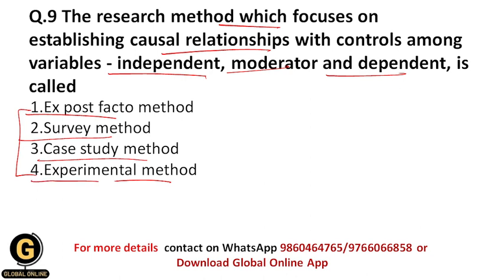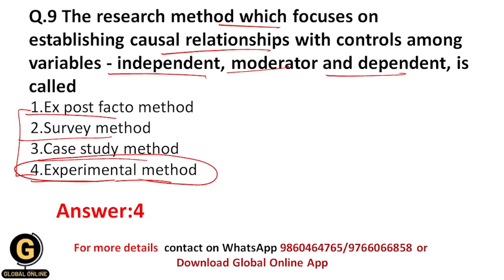Now until now all of you have understood that whenever I want to focus upon establishing causal relationships, and along with that if I want to control over the variables, okay, then obviously I will follow the experimental method, because this is the only method in which I will be having the control over the variables completely.